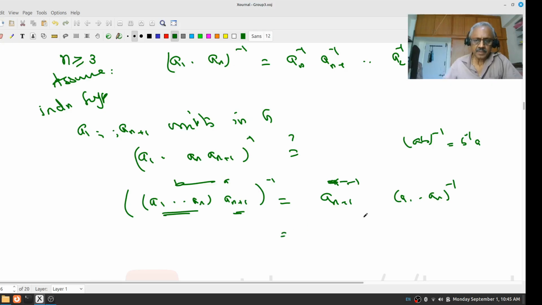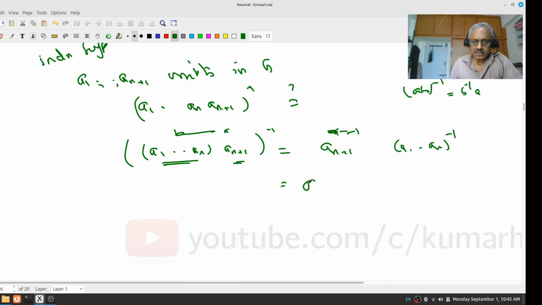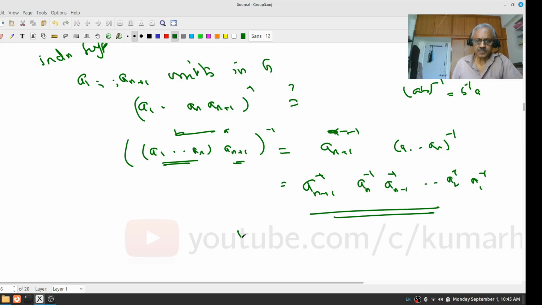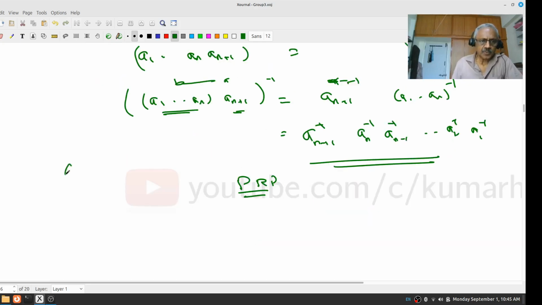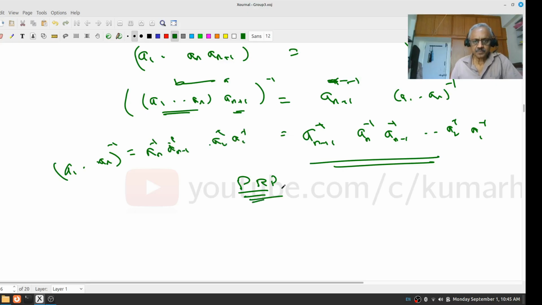Is that okay? But then I know what this is, An plus 1 inverse, and by induction hypothesis this is An inverse, An minus 1 inverse, down to A2 inverse and A1 inverse. So we proved the result. What did we prove? We proved that if A1, A2, up to An are units, the inverse is An inverse, An minus 1 inverse, down to A2 inverse, A1 inverse.